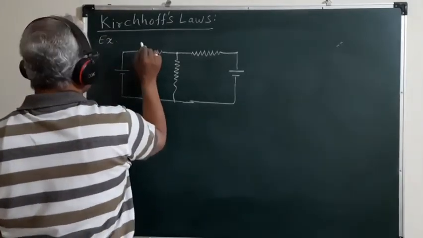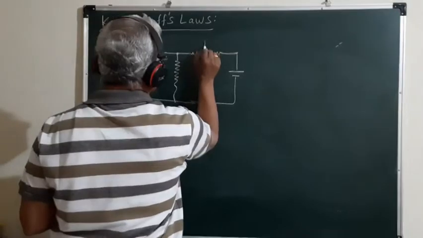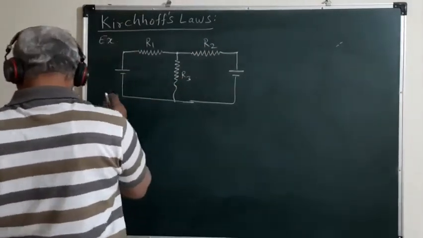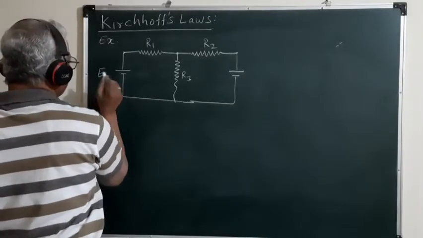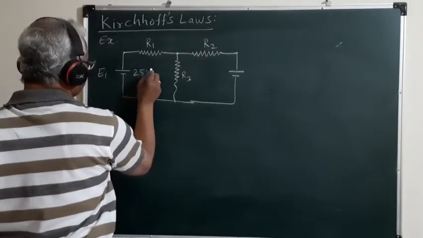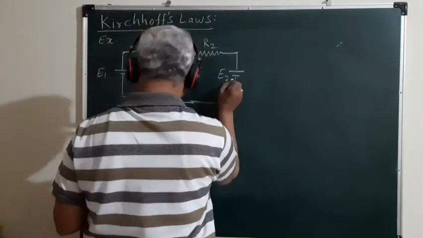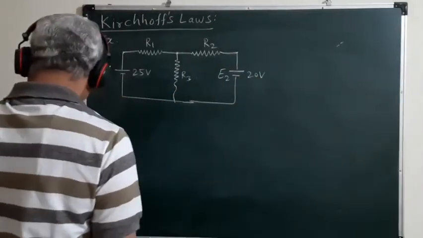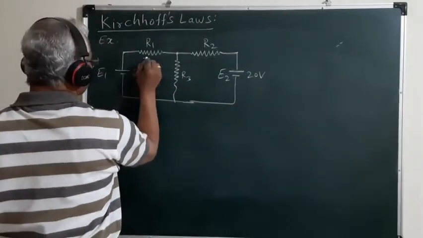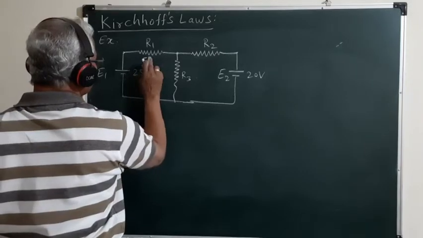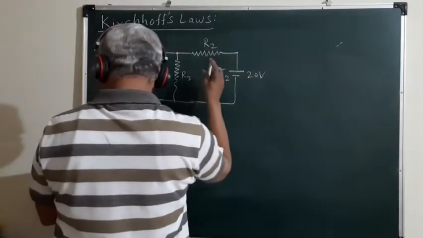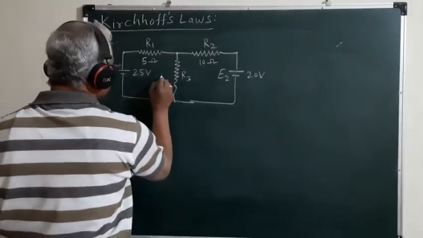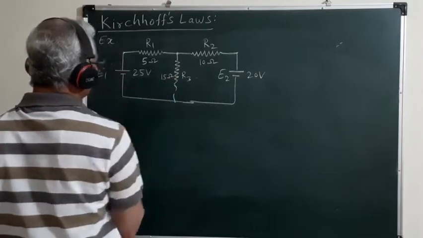This is the resistor R1, this is R2, this is R3, this is the source of EMF E1 of value 25 volts, and this is the source E2 having the voltage 20 volts. R1 is 5 ohm, R2 is 10 ohm and R3 is 15 ohm.